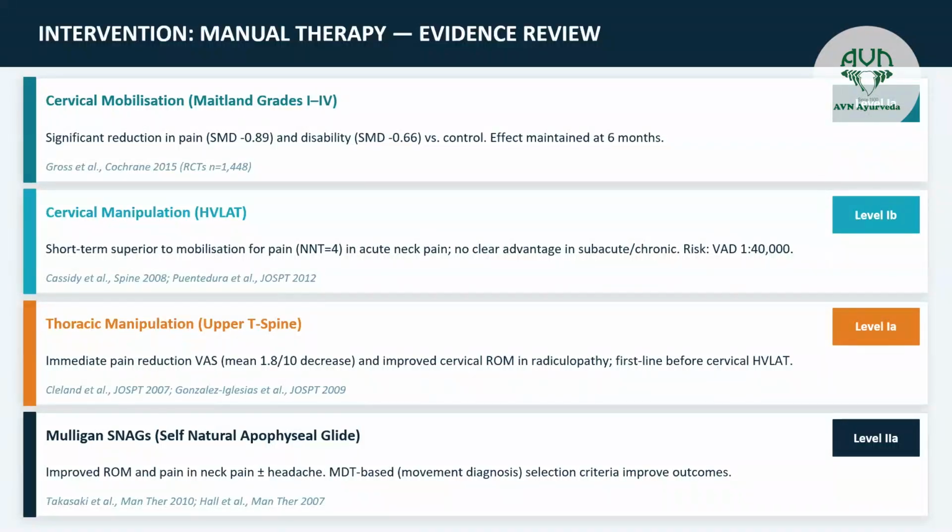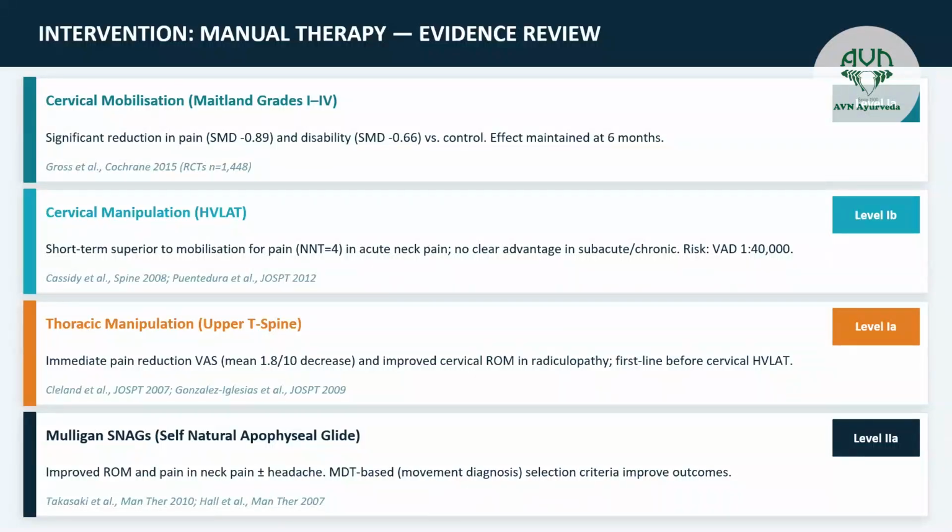Mobilization we can apply from day one itself. We are not waiting for day 3 or day 4 to get the pain reduced with modalities only, but we are applying mobilization along with the modalities. Initially we give grade 1 and 2, only to reduce the pain and to improve the mobility.